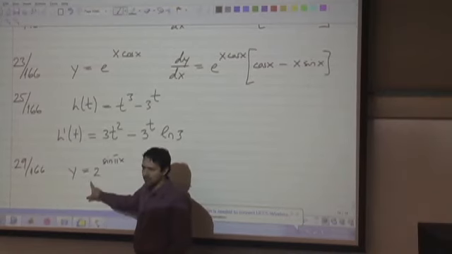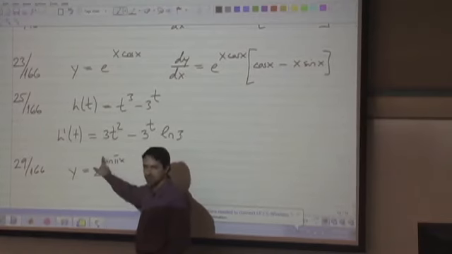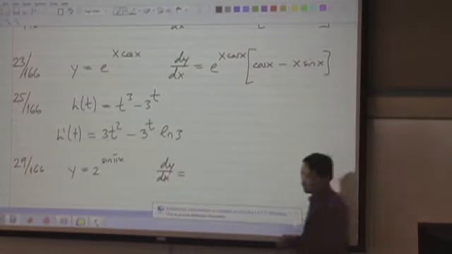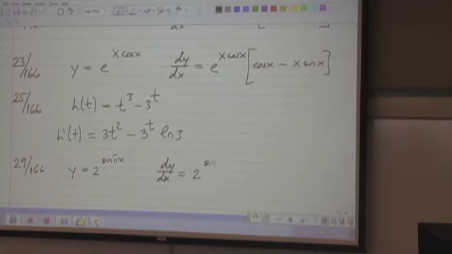The other thing to observe is that I have 2 to a function of x. So when I take the derivative, the chain rule has to come into play, which means my derivative is going to be 2 to the sine of pi x multiplied by cosine of pi x times pi multiplied by ln of 2.